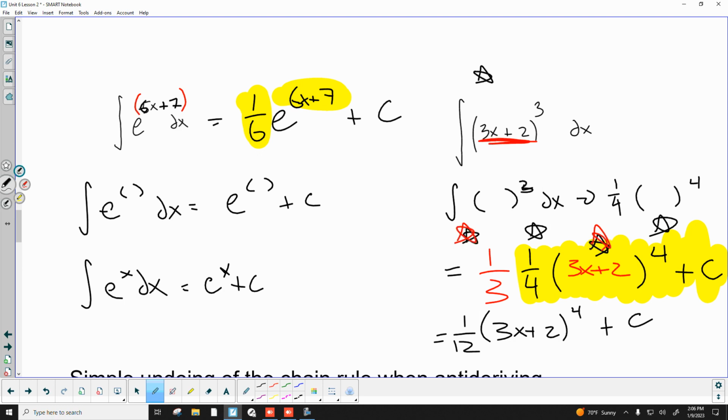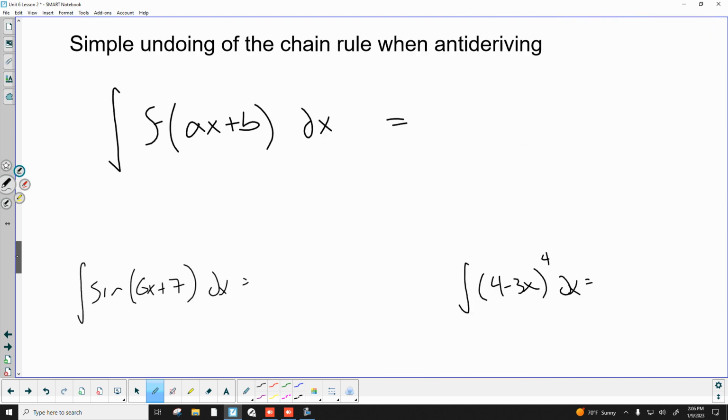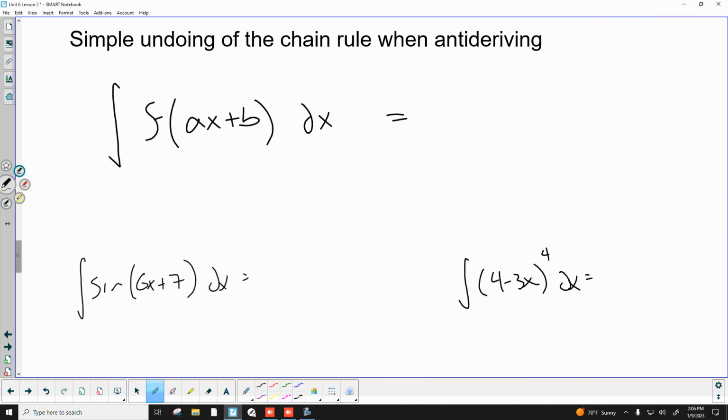All right, so here's your simple undoing of the chain rule when you're anti-deriving. Start by anti-deriving the outside. The antiderivative of regular f parentheses is big F parentheses. This is step 1.